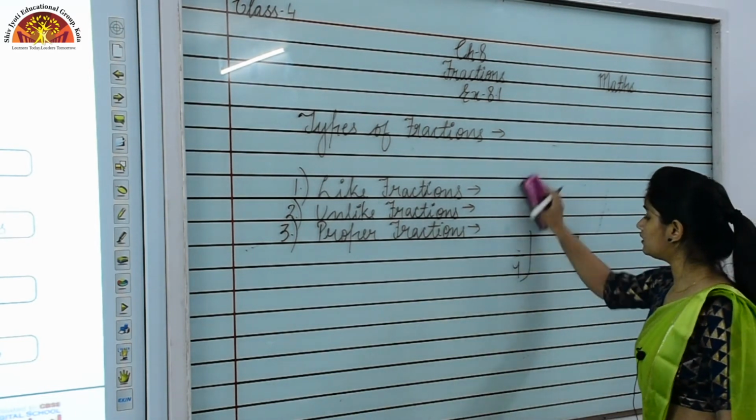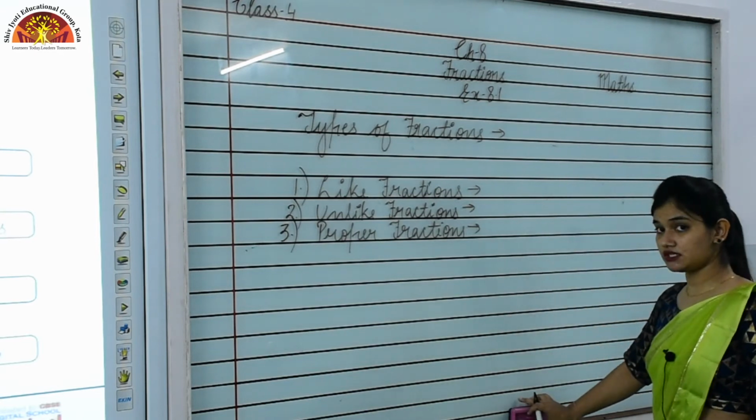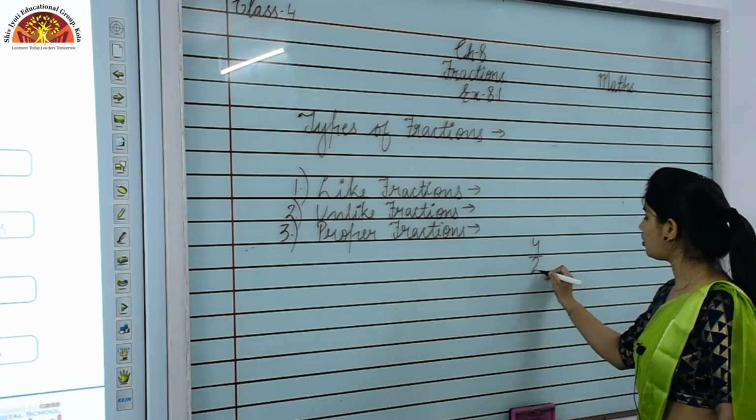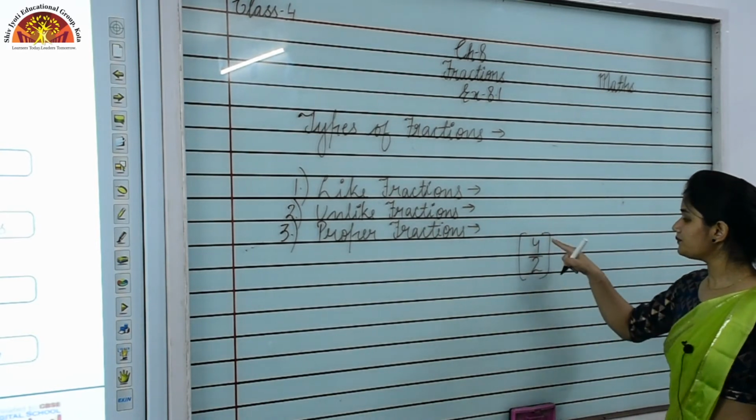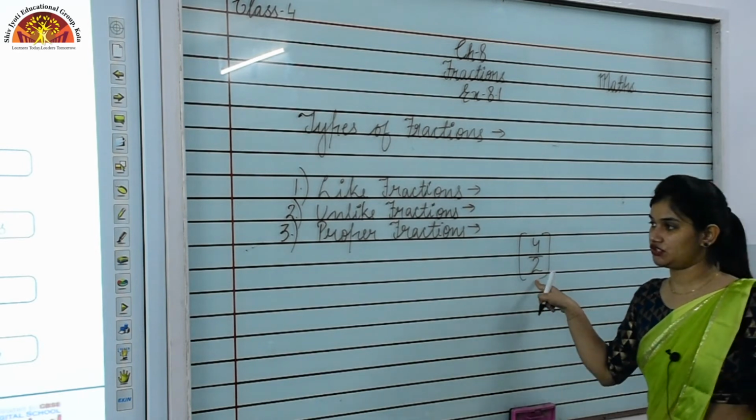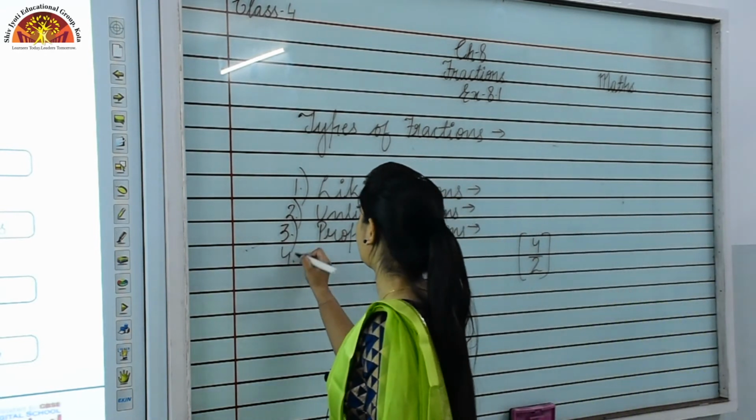Then if the numerator is greater than the denominator, here you can see 4 is greater than 2, then this will be an improper fraction.